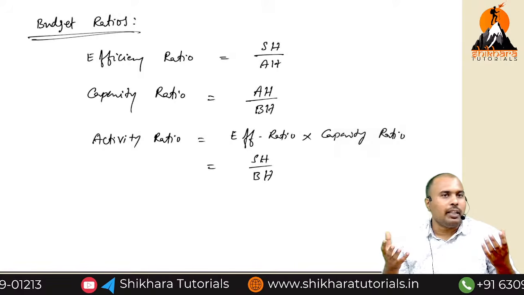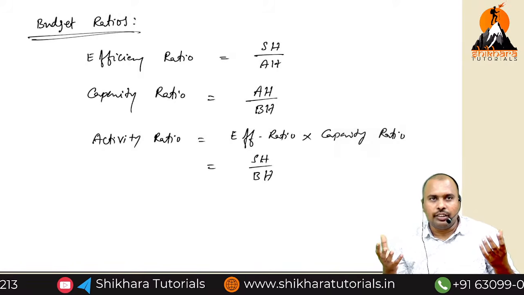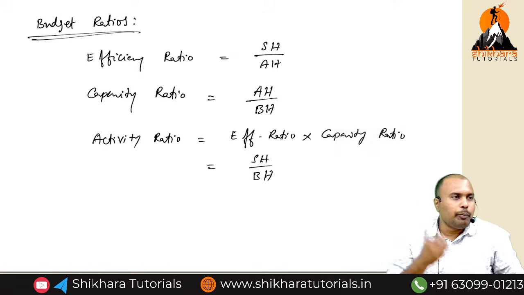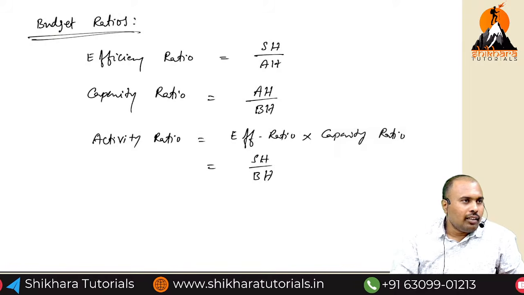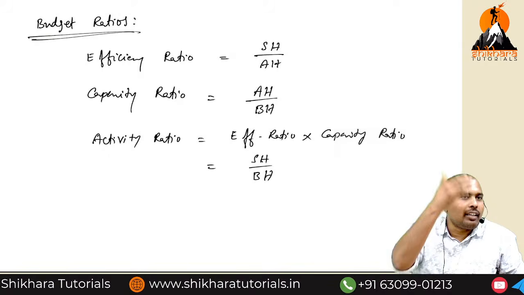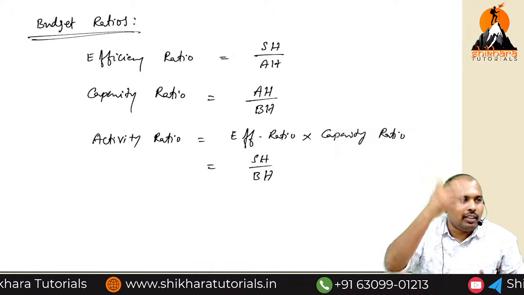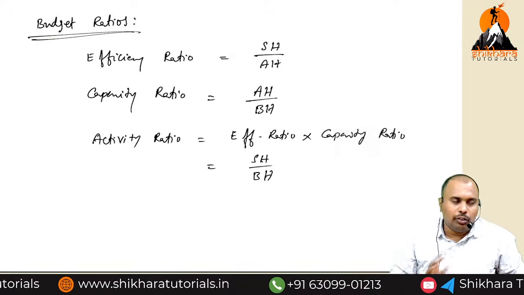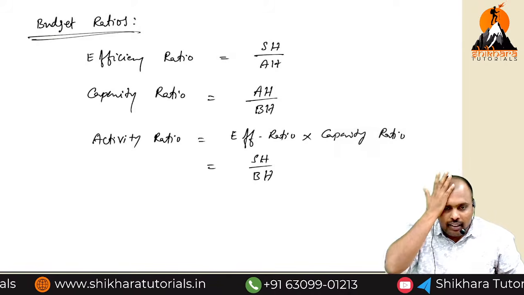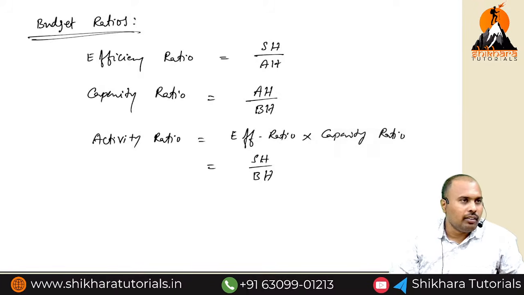Your answer has to be more than 100%. Should it be 10 by 8 or 8 by 10? 10 by 8 only. That is the reason why time given divided by time taken, SH by AH. Understood, right? But due to time constraint, I am giving an easy method to remember the formula.